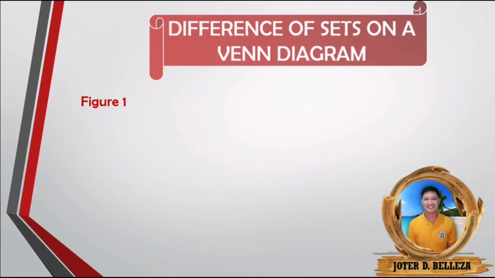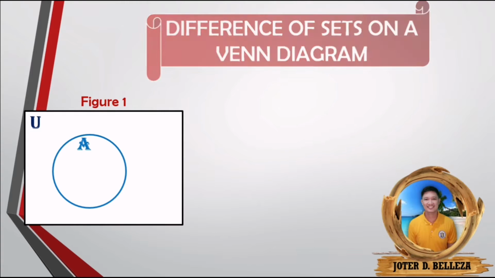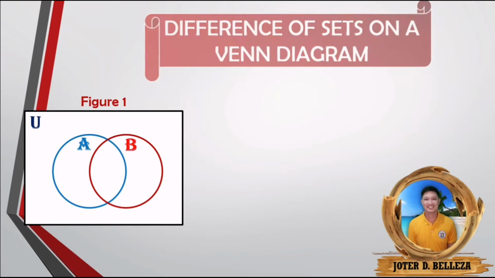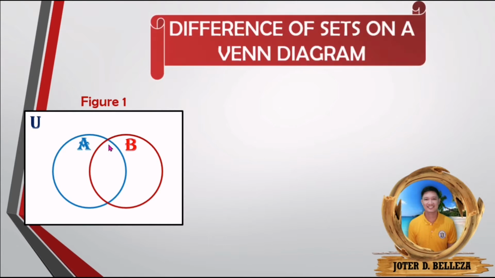So the difference of two sets can be shown using a Venn diagram. Let's take this figure 1. As you can see in this figure, we have two overlapping sets A and B, meaning that sets A and B are joint sets. It follows, therefore, that sets A and B have elements in common, and that is shown by their intersection.